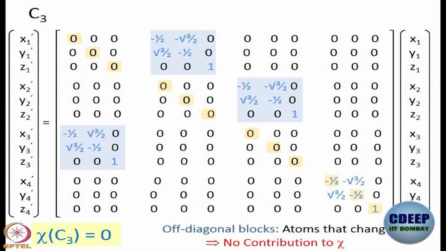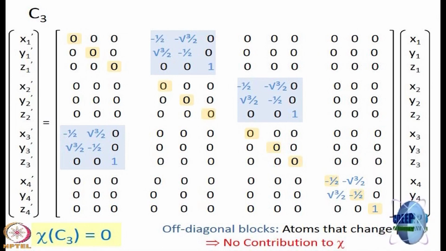This is the contribution of coordinates of atom 2 in atom 1. Only the coordinates of atom 2 make a non-zero contribution to the transformed coordinates of atom 1. Why? Because atom 1 has moved from its original position to the original position of 2. Only the coordinates of atom 1 make a non-zero contribution to the transformed coordinates of atom 3. Why? That is how the transformation has taken place.